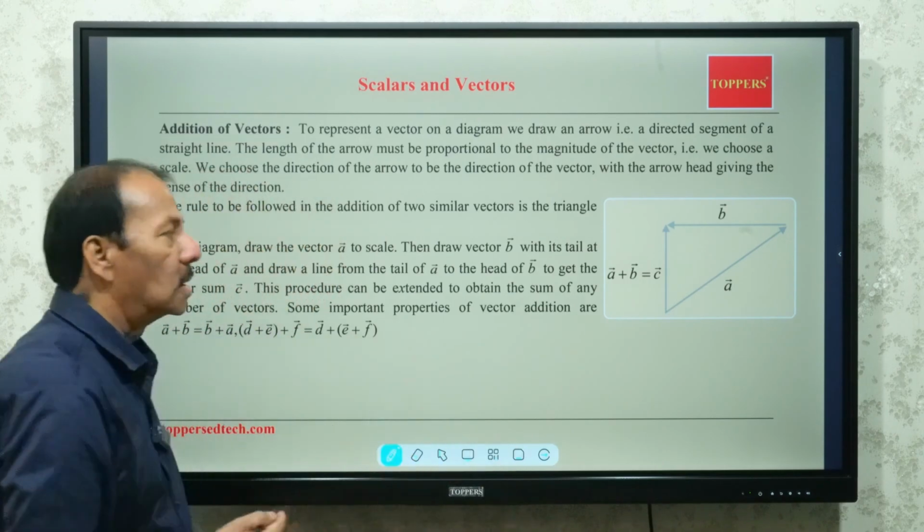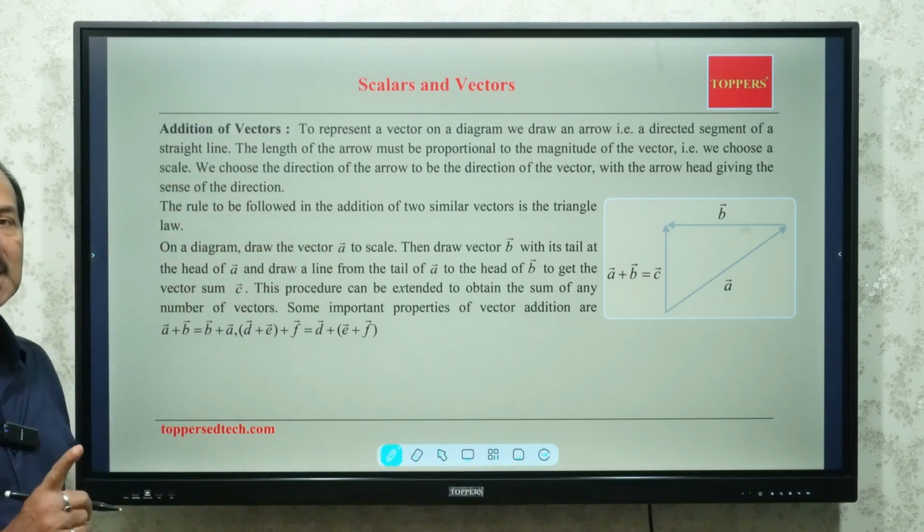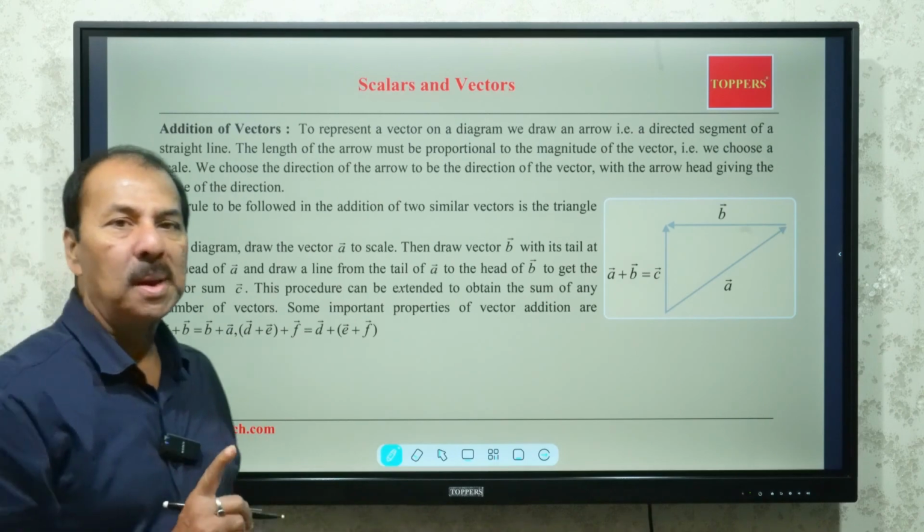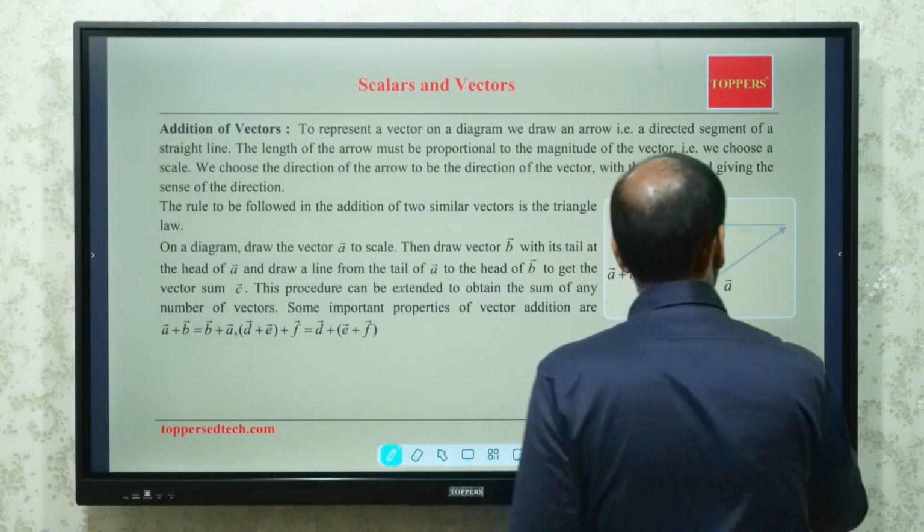Now, how to add these vectors? As far as vector addition is concerned, there are certain prerequisites. Let us see as it is reflected here.